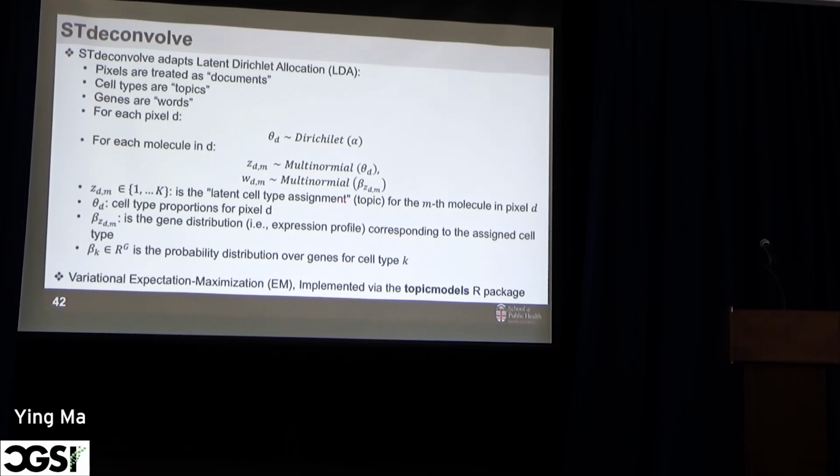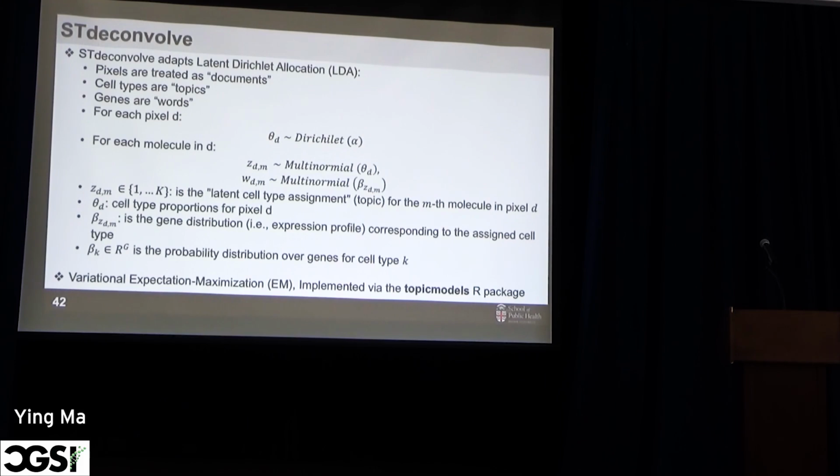Given these latent assignments and the gene distribution, for example the expression profile, you can assign these counts through this multinomial distribution. So this is your W_DM, your final assignment, the count. And beta K represents the probability distribution over all the genes given cell type K.